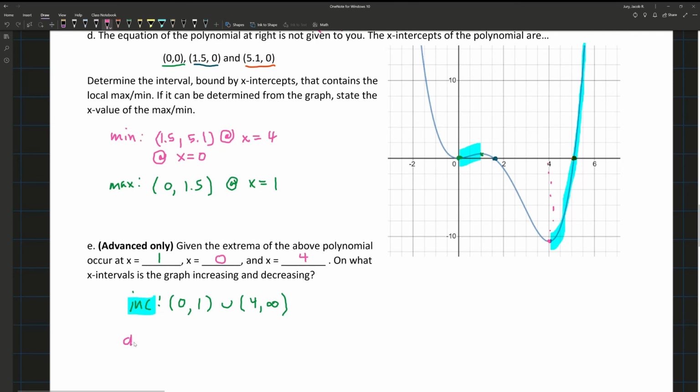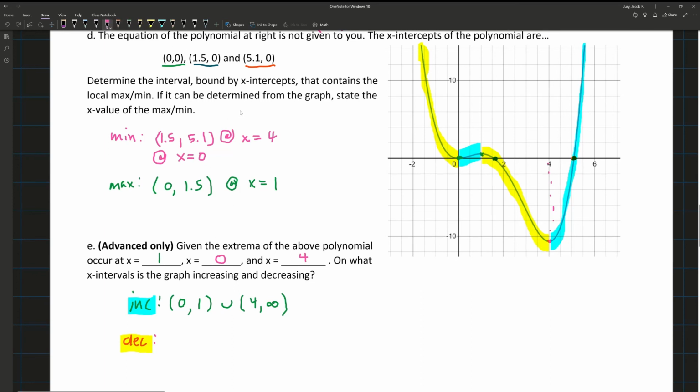This graph is decreasing, which I'll put in yellow, from the x value negative infinity, and then we start at the maximum and work our way to the minimum.